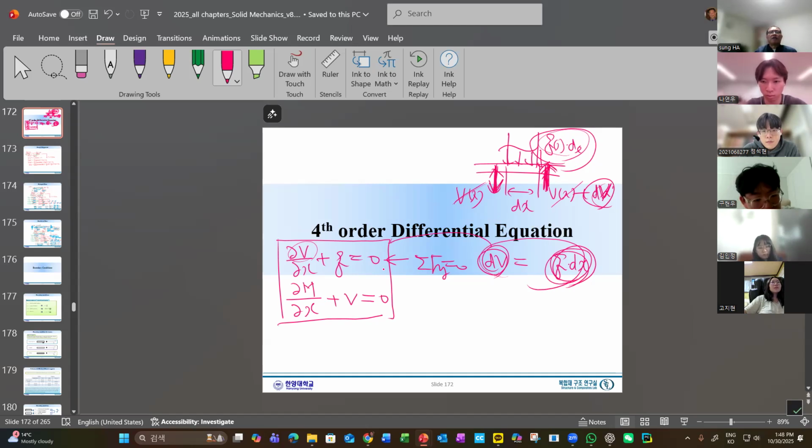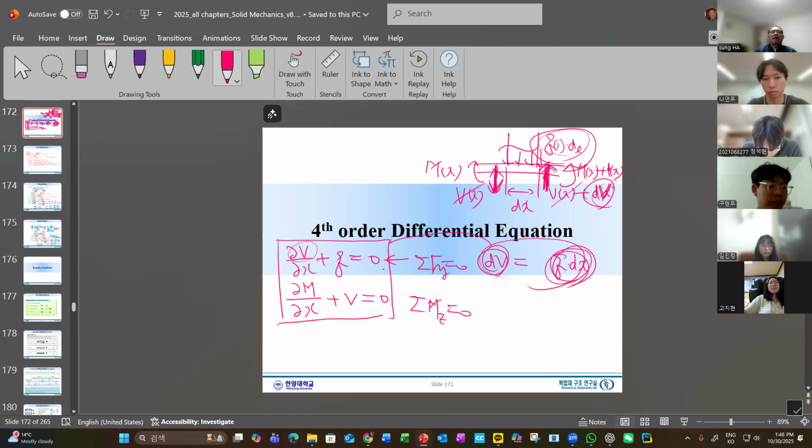Now, another equilibrium is, what is that? Moment about z equals 0. So the moment on the left-hand side, you would have it like this, and also on the right-hand side there will be some sort of increment, right?